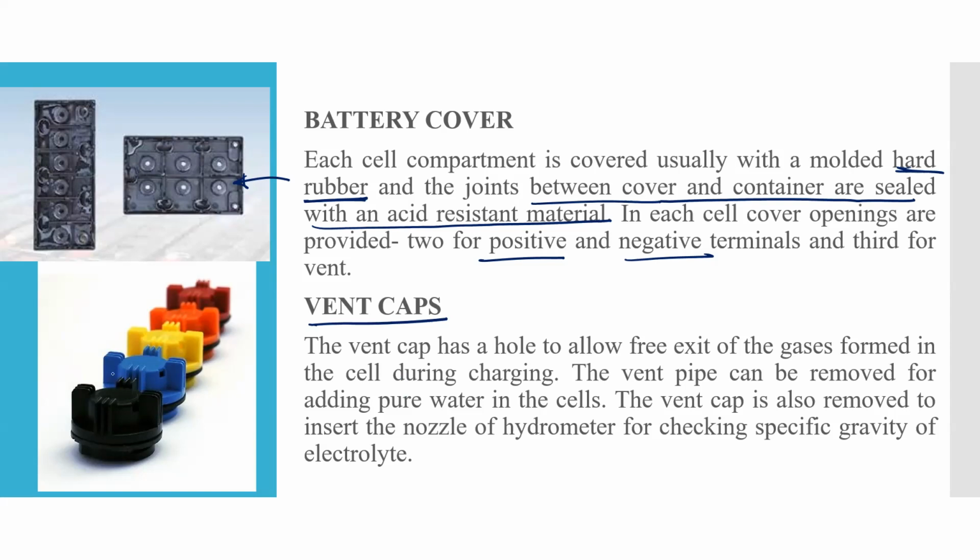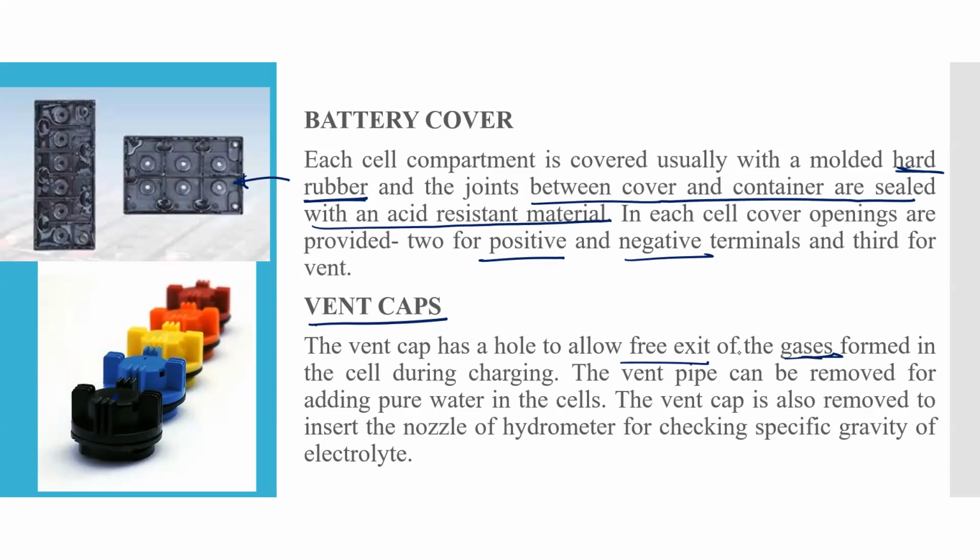This vent cap has a hole here to allow free exit of the gases, because of the chemical reaction, there may be gases, and if you don't allow gases to come out, then they will increase the pressure.